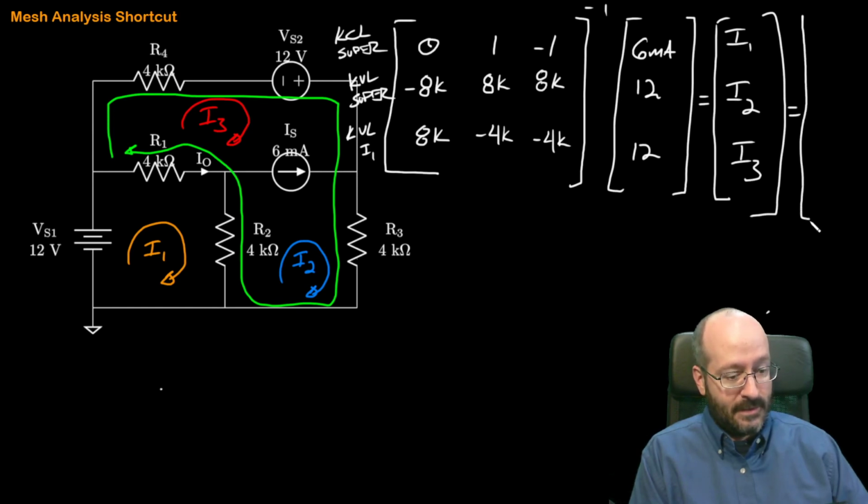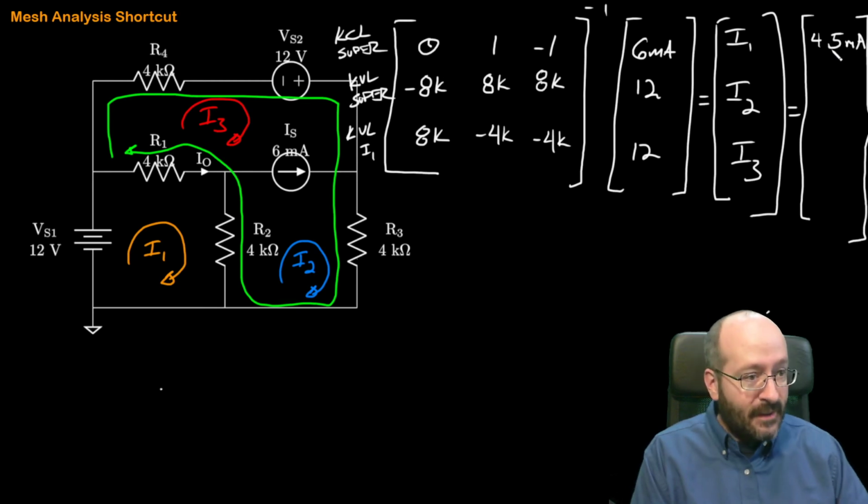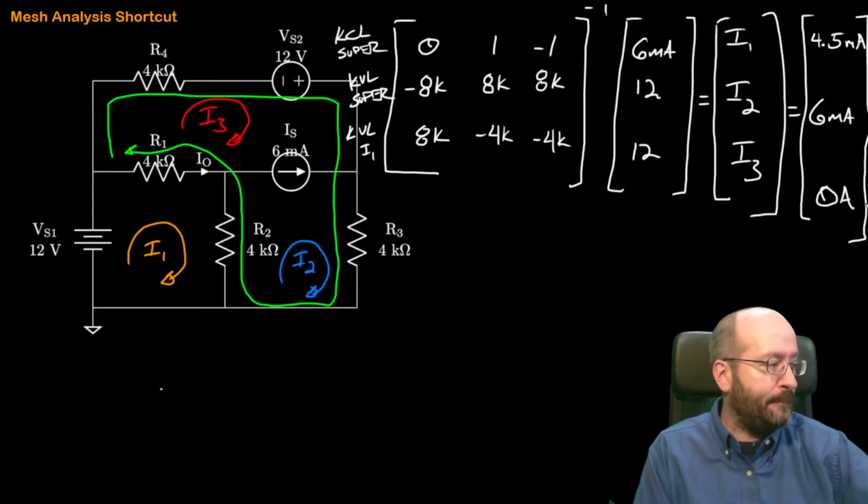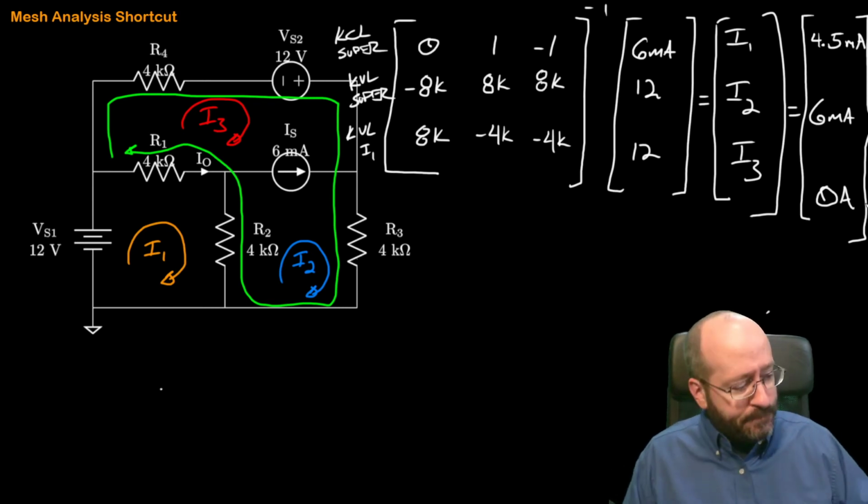Close. 4.5 mils. There we go. 4.5 mils. 6 mils. And our favorite, 0. I'll just write amps for that. Could be milliamps too.